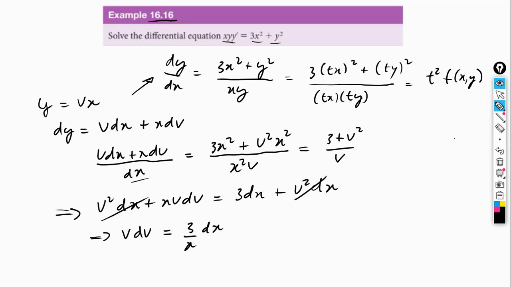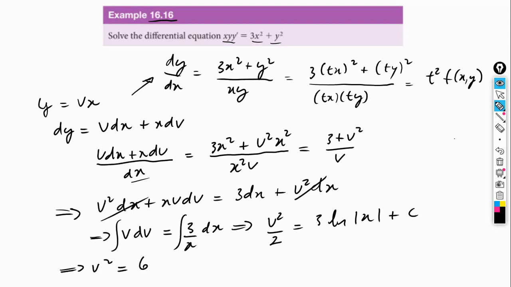So now it's just a matter of integrating these two expressions, and from here we're going to get that v squared over 2 is equal to 3 times the natural logarithm of the absolute value of x plus a constant c. Then we send the 2 to multiply, and we're going to get that v squared is equal to 6 times the natural logarithm of x plus 2c.